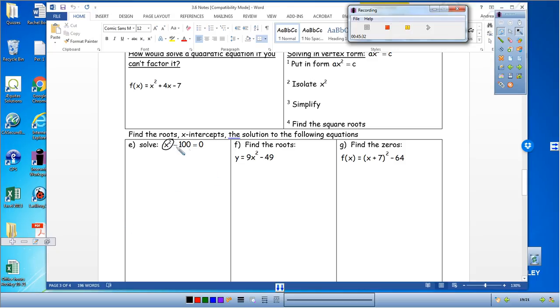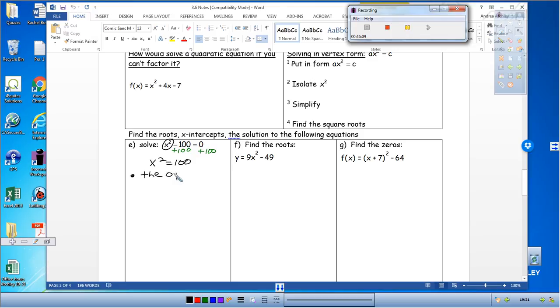So Jasmine, how am I going to get rid of the negative 100? Very good. We're going to add 100 to both sides. That's going to give me x squared equals 100. Lauren, then what should I do? Do you know how to get rid of an x squared? No. Okay, so this is kind of important.